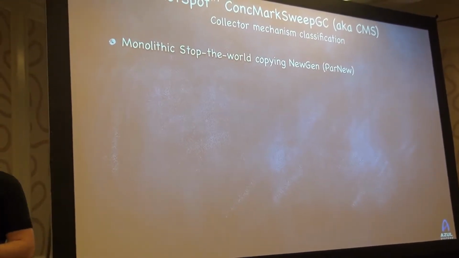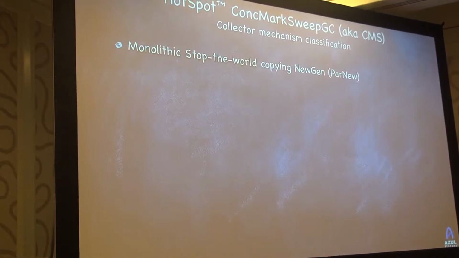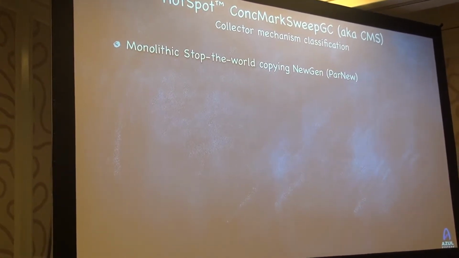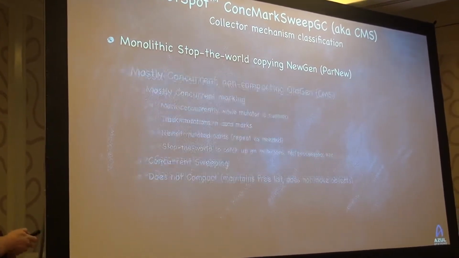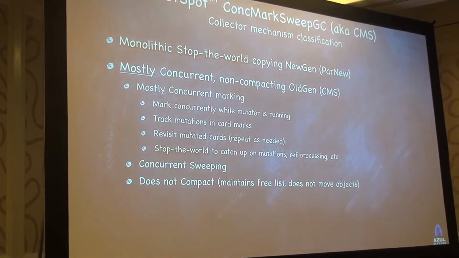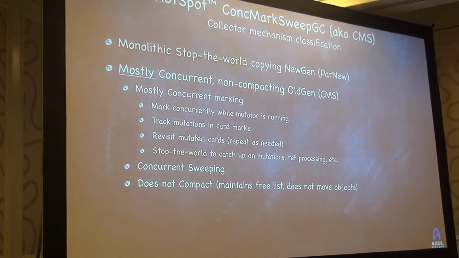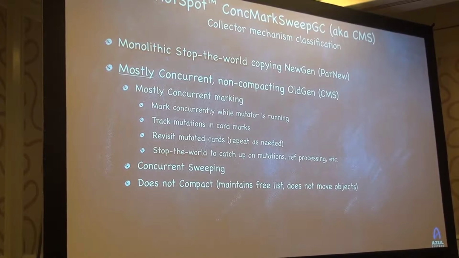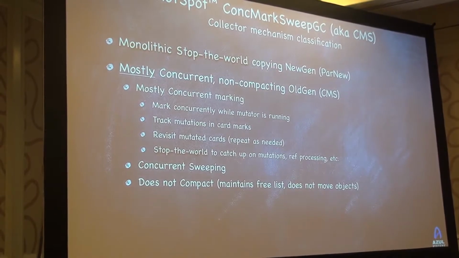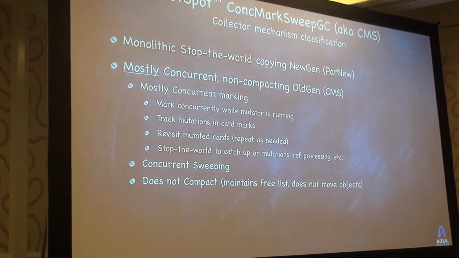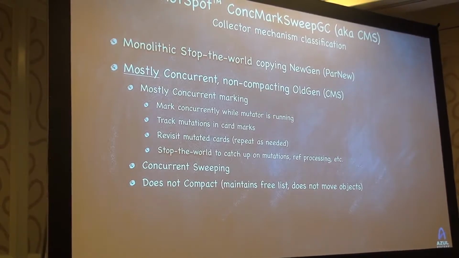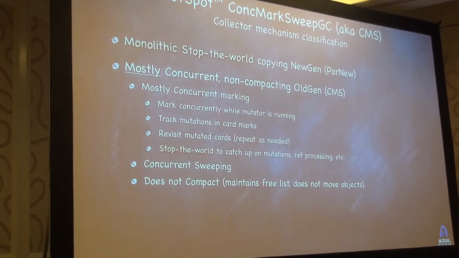The CMS part only describes the old generation part of this collector, and only part of the old generation part of this collector. It has a mostly concurrent, non-compacting old generation. It uses a mostly concurrent marker, with that trick we described, tracking mutations coming back to them. It has a concurrent sweeper, very good, but it doesn't compact.